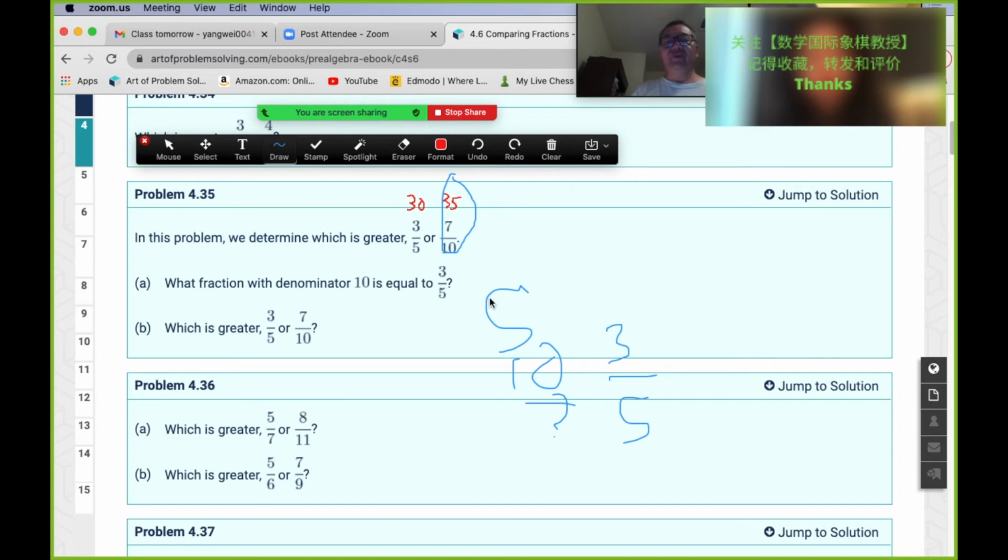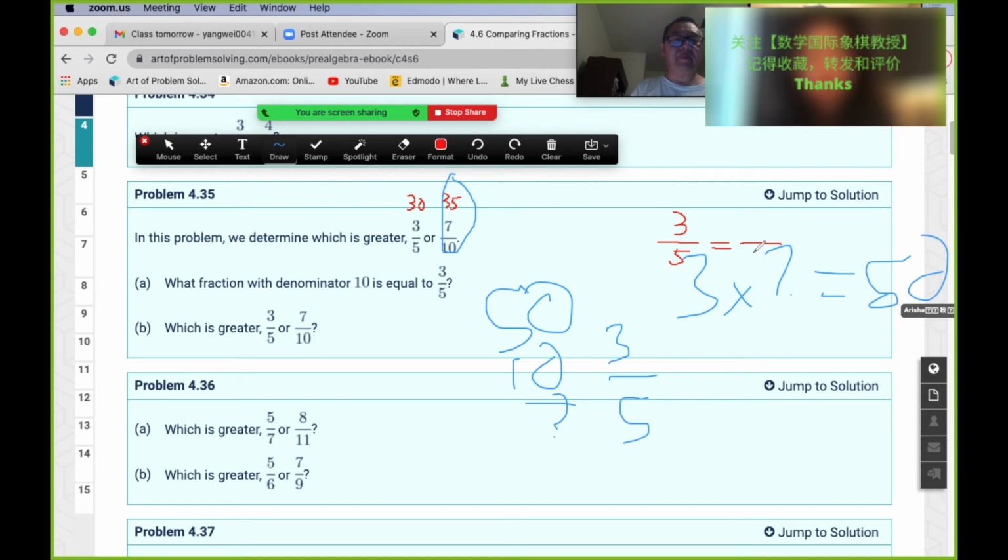See, this one you can write this way. Say 3 over 5. We try to convert this one to the 10. So that means here you need times 2. Then to keep this fraction have the same value, you also need times 2 here.